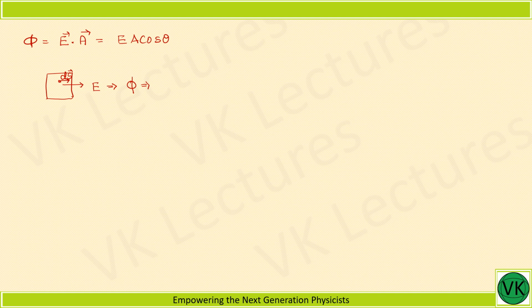Let's take another case in between, where the electric field is along this direction, perpendicularly upward, and ds here, so this gives the flux phi to be equal to 0.